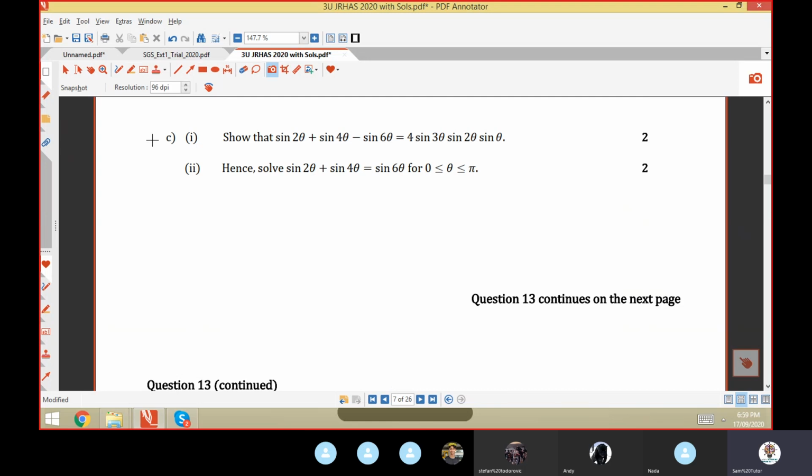Something like sine 2 theta, double angles, that one? So you're saying you want to change sine 2 theta to 2 sine theta cos theta? No. Which one? The other one? The half. That's the one you've got to use.